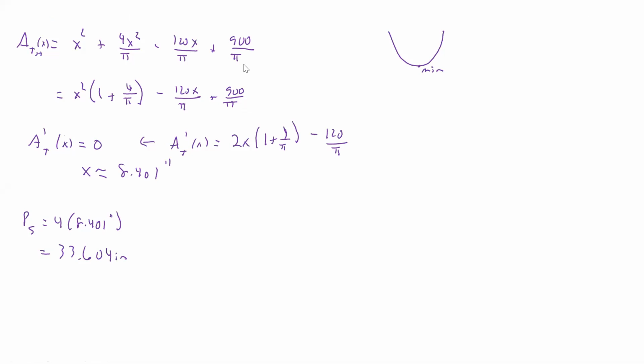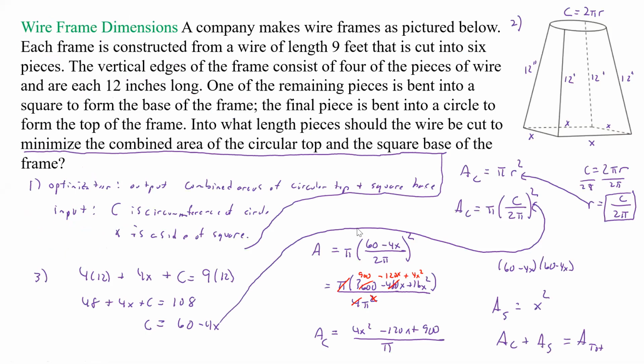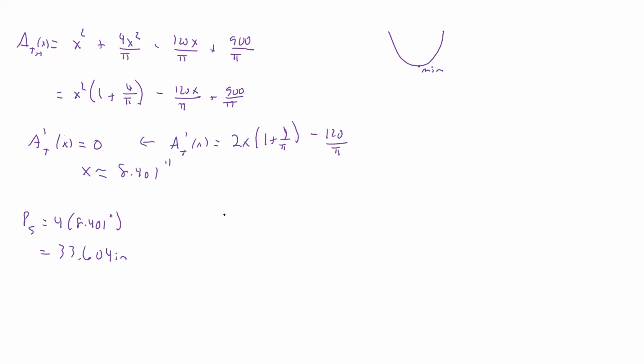Now, what else do we have? Well, if we remember over here, our circumference is 60 minus 4x. So the circumference is equal to 60 minus 4 times x, which is 8.401. Well, we just found what that was, so it's 60 minus 33.604, and that's going to be 26.396 inches.